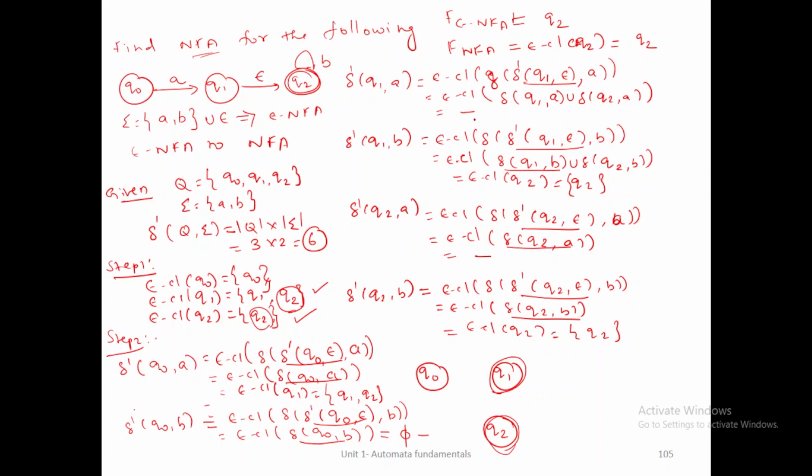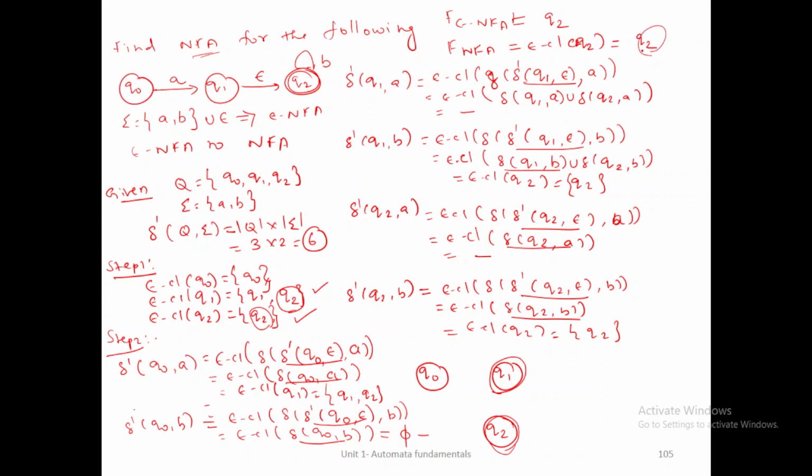After calculation of the extended transition function for all the states, you should draw the NFA states, in which we should find out the final states. So first you check the final state of the epsilon NFA. The answer is Q2. The NFA final state is equal to epsilon closure of that final state of the epsilon NFA. So you check epsilon closure of Q2, which contains only Q2.